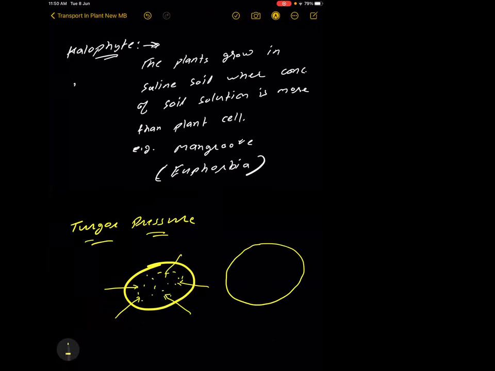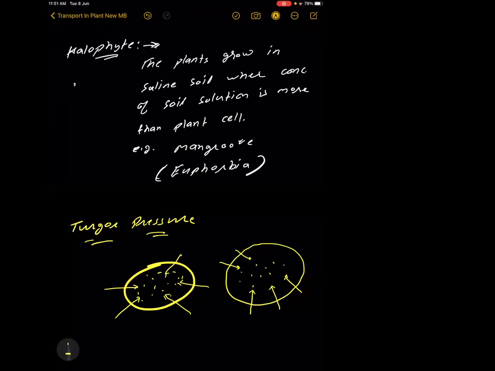The cell wall is not stiff. It is rigid, but slightly elastic because cellulose is present. It will not break, but slightly enlarges in size.